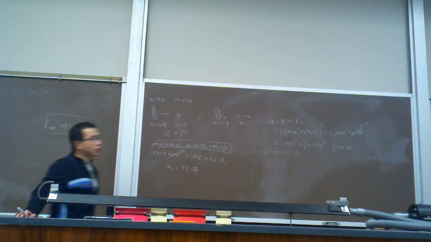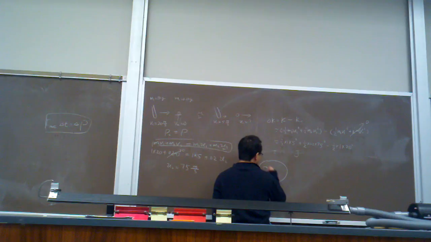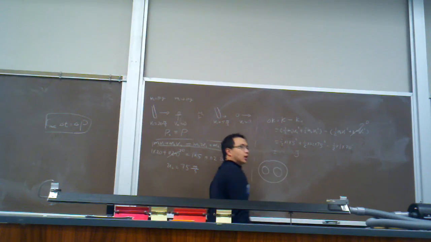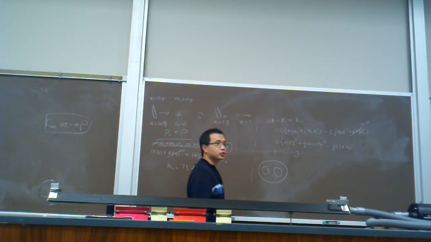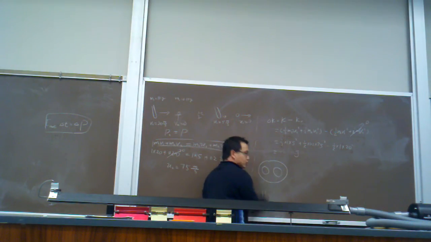So you can see that's what's going on. If you have a system containing two objects, the momentum conservation is for the whole system. And for each of the objects, in fact, you use the impulse-momentum theorem for each of 1 and 2 separately.